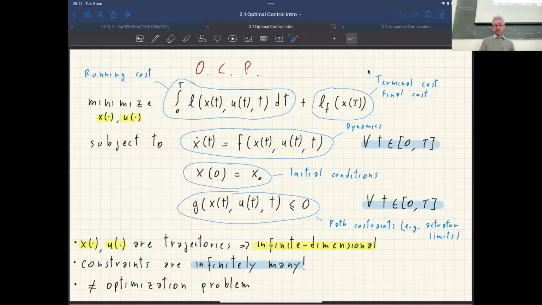Second issue, the constraints must hold for every time in a given window, which means the constraints are also infinitely many, because you have infinitely many time instants between 0 and capital T. Time is continuous, so you have infinitely many constraints.